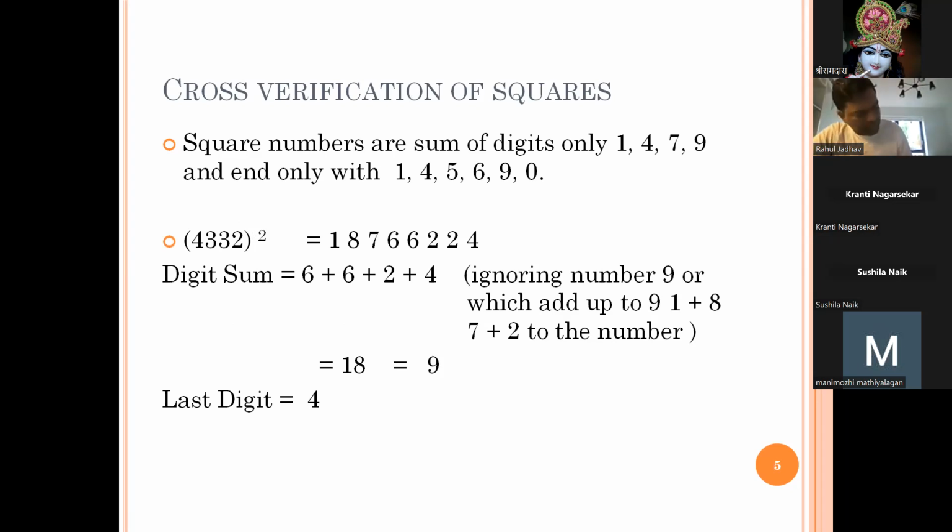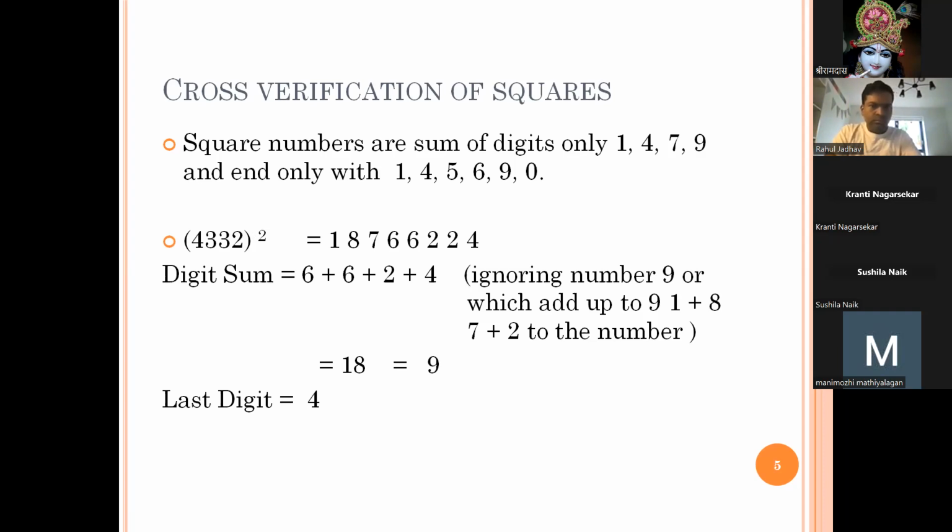Today we are going to learn how to cross verify our squares, means how to check whether my square answer is correct or not. The thumb rule given by Vedic mathematics is that for square numbers, the sum of the digits is always only 1 or 4 or 7 or 9.